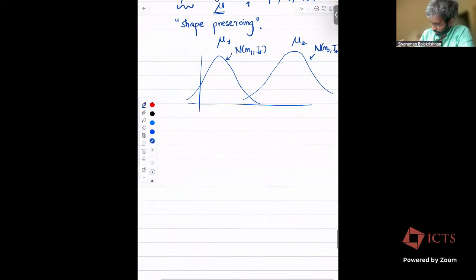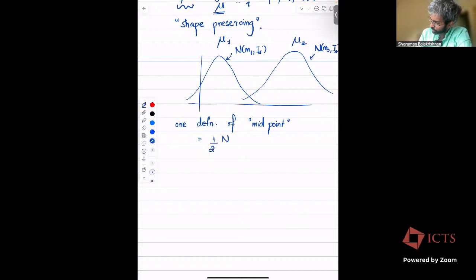So one definition of average, maybe of their midpoint, would be the mixture, which is this distribution. So it's a mixture of two Gaussians, right? So this is one definition.